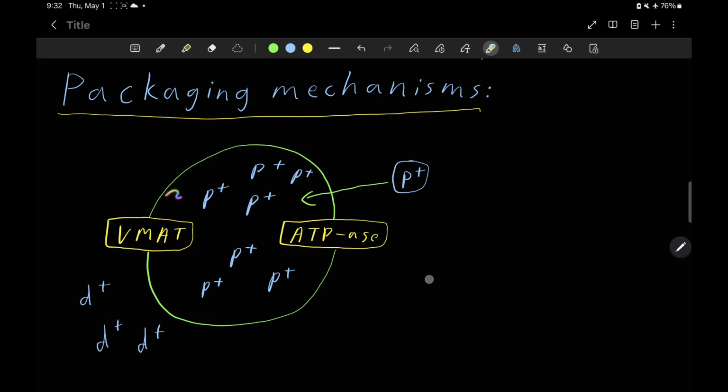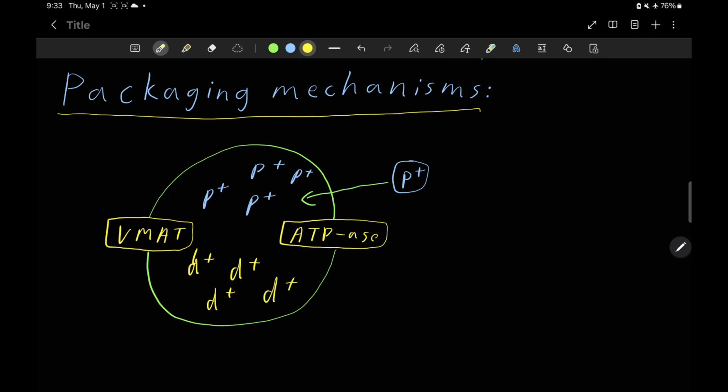What this antiport enzyme does is it can exchange these protons, so it can cause this proton to leave, and it can cause this dopamine to enter. And in doing so, it can replace these protons inside the cell with your messenger molecules. So now you have successfully packaged your messenger molecules into your storage compartment, and that's the whole thing that we were trying to accomplish.